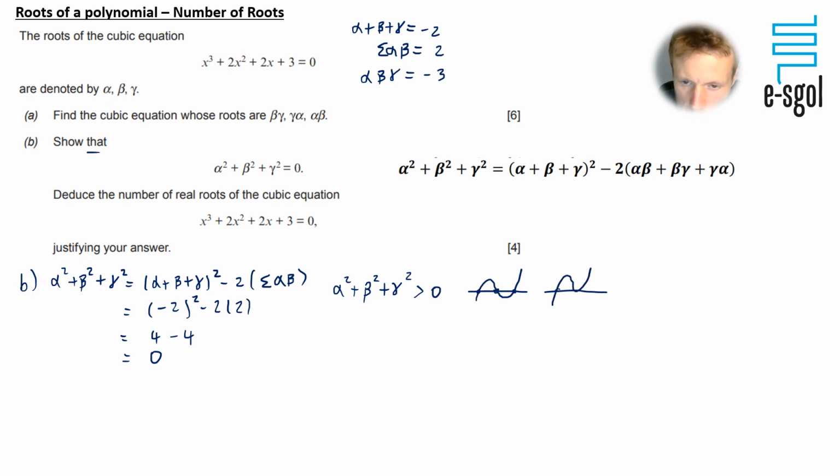That's not very well drawn, but we've got 1 root there and then a repeated root there, so that's 3 roots. Or we could have a situation like this, where we've just got 1 root.